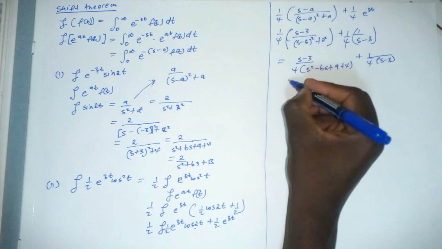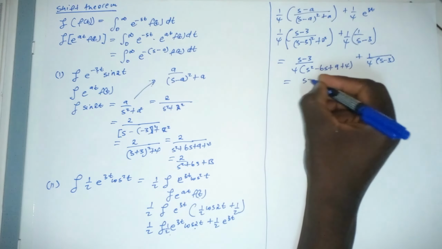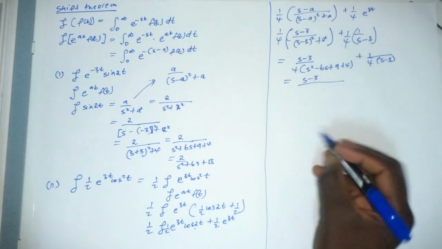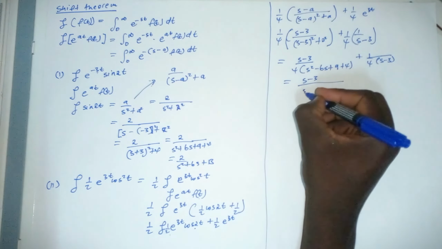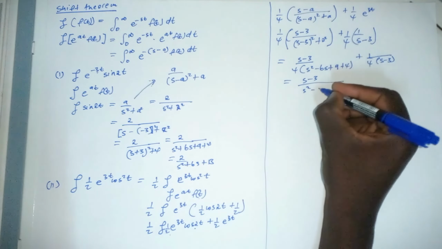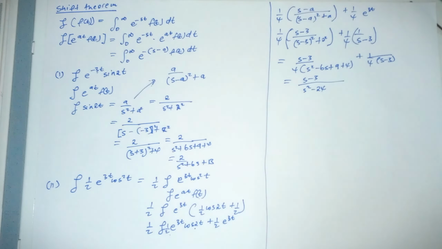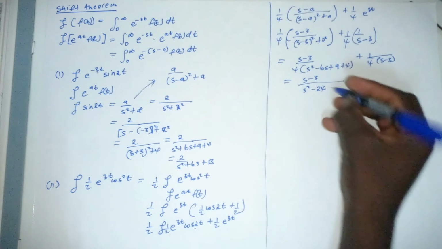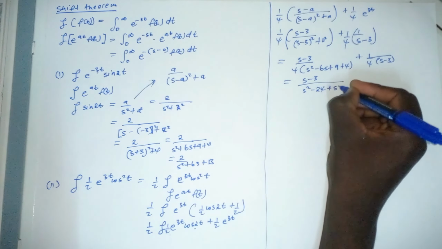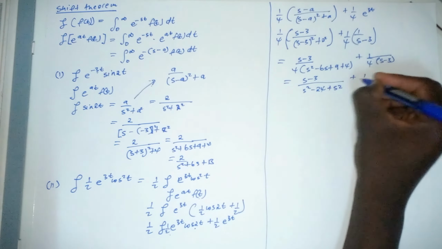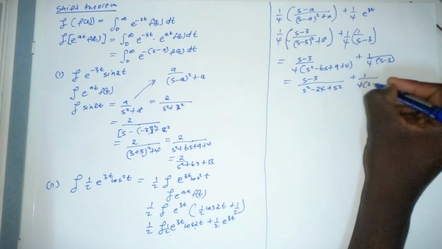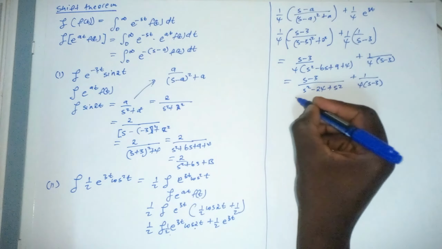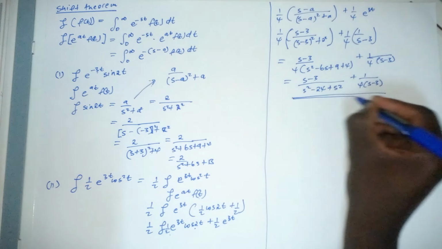Okay, and this is going to give us s minus 3, and here I'm going to get 13, so I'm going to get s squared minus 24, and I'm going to say 13 times 4, which is going to give us plus 52 plus 1 over 4 s minus 3. So this is the answer.